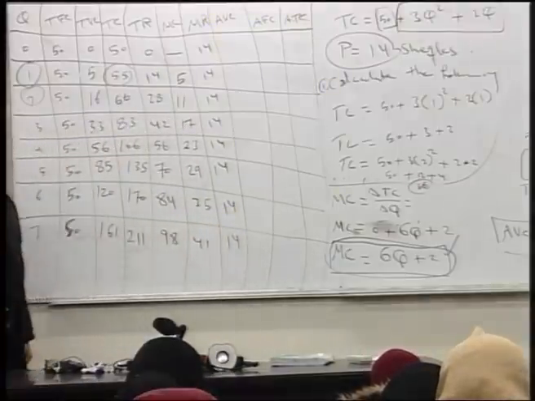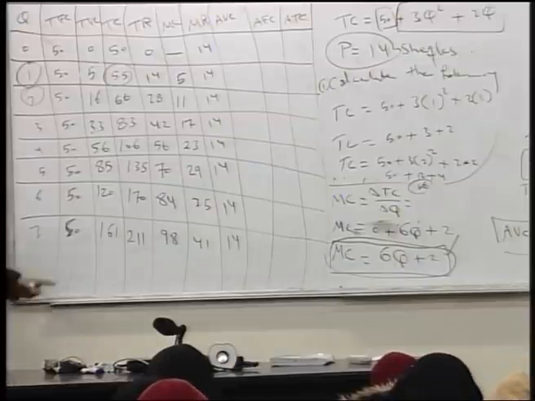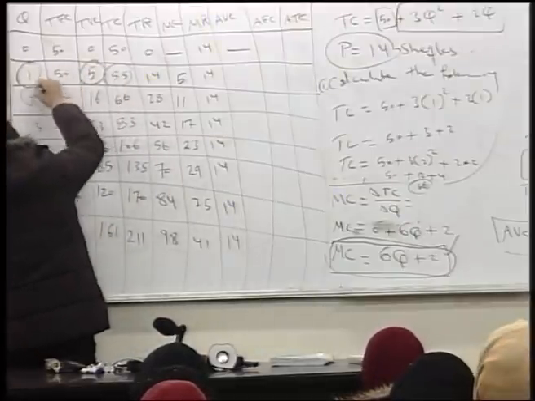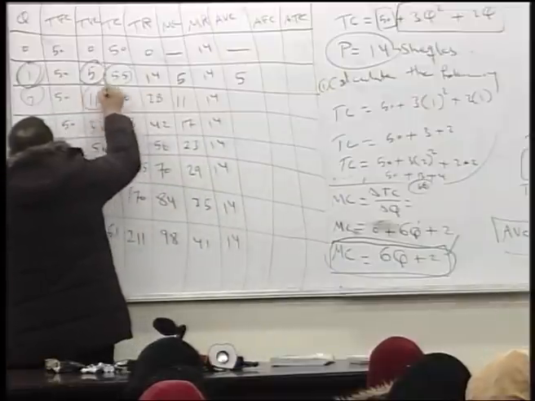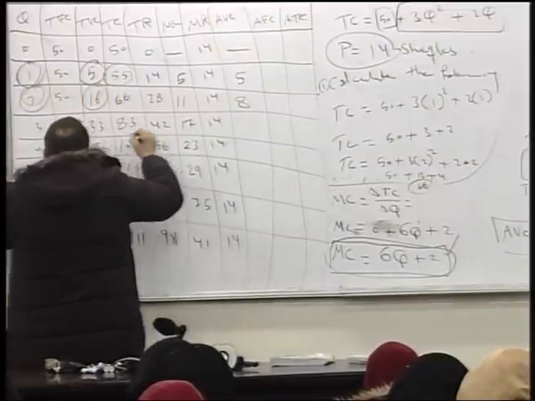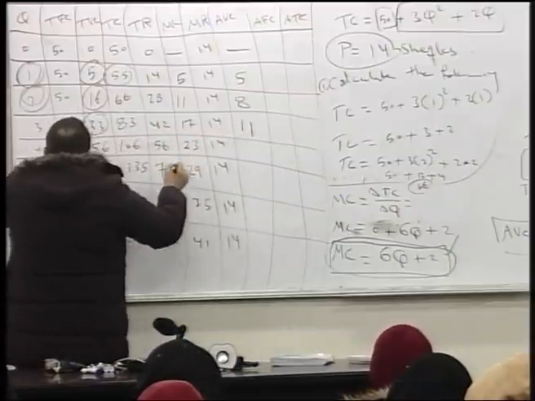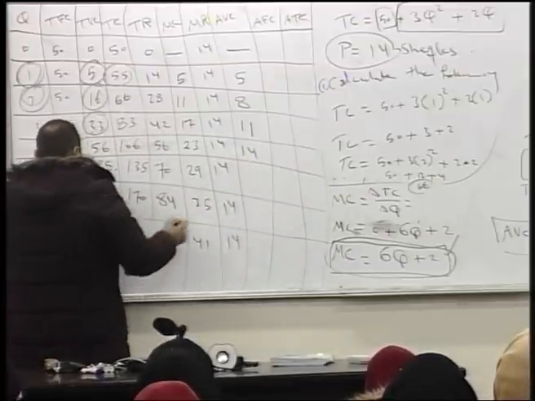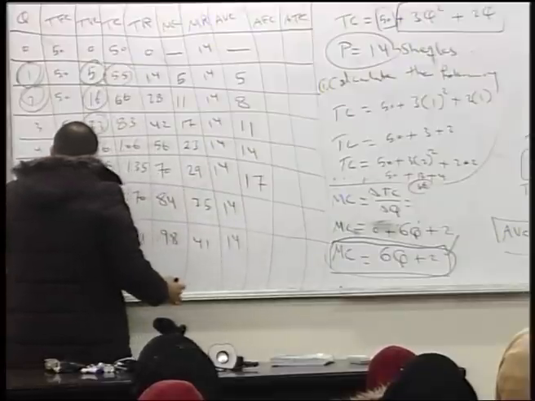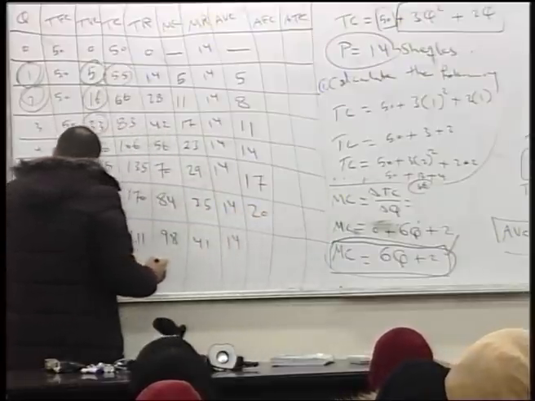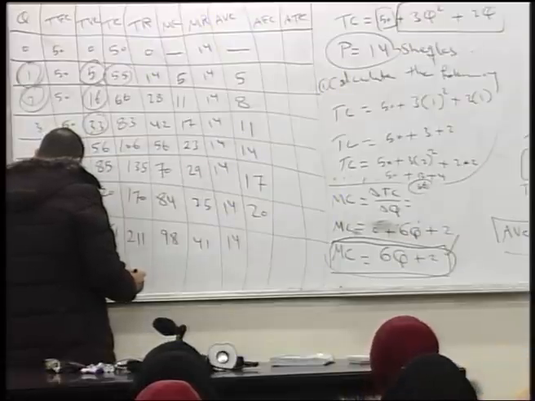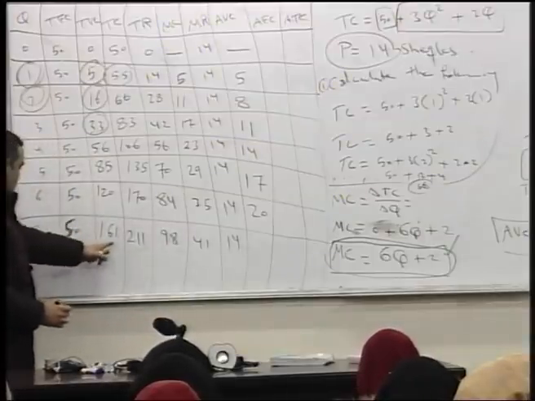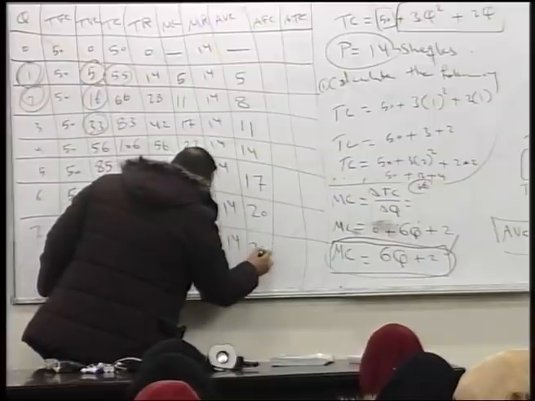Okay, AVC is TVC over Q. TVC 5 over 1 is 5. 16 over 2 is 8. 33 over 3 is 11. Then 14, then 17, 20, and the last one, how much is it? 23.